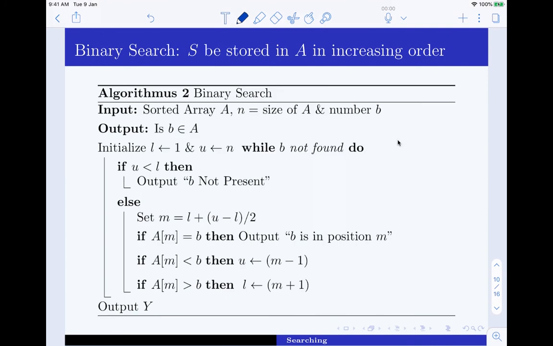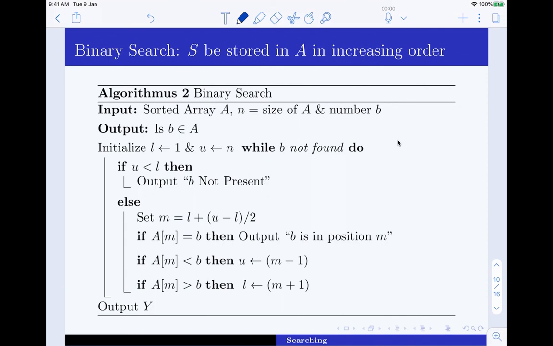So, here is the pseudocode of the binary search algorithm. I am putting it out for you guys to go and verify that this binary search algorithm pseudocode indeed does what we wanted to do.